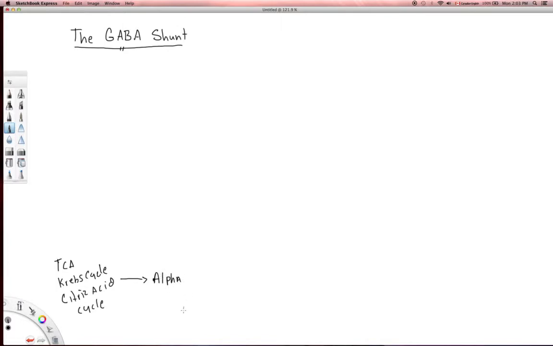Alpha keto, let's see if I can spell this right. Ketoglutarate, I believe. Alpha ketoglutarate. We know this comes from the Krebs cycle.